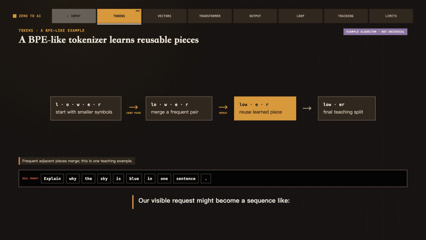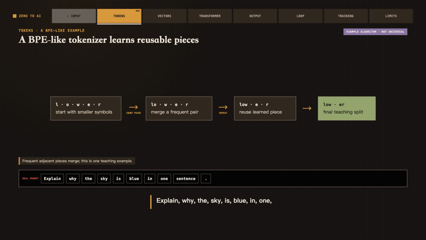Our visible request might become a sequence like: explain, why, the, sky, is, blue, in, 1, sentence, and a period. That looks word-like because the words are common. A real tokenizer could make a different split. The role markers and system instruction would also contribute tokens that the user did not type.